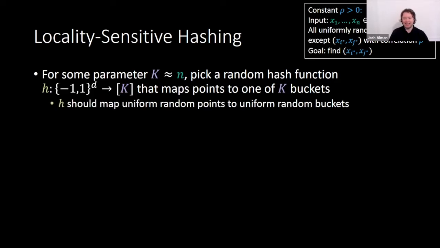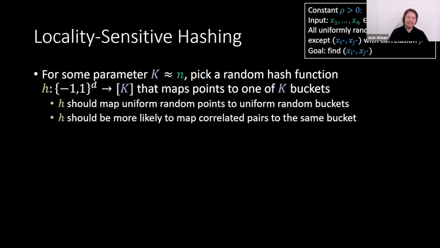The first is that the function should map uniform random points to uniform random buckets. So if you hash a bunch of uniform random points, they get evenly distributed across the buckets. And the second is that I want the hash function to be more likely to map correlated vectors to the same bucket as each other. So I want it to map points to buckets so that the correlated pair is more likely than a random pair to be mapped to the same bucket as each other.